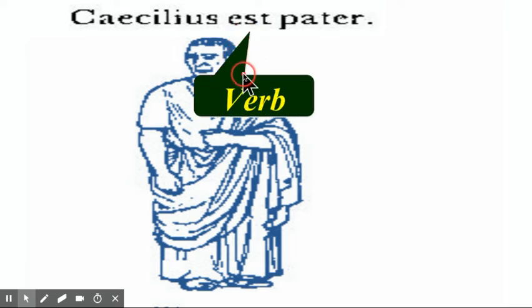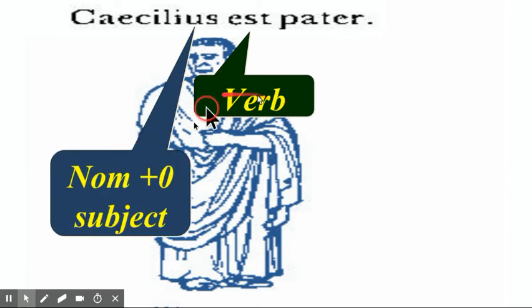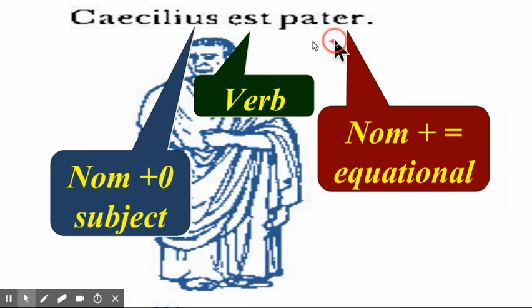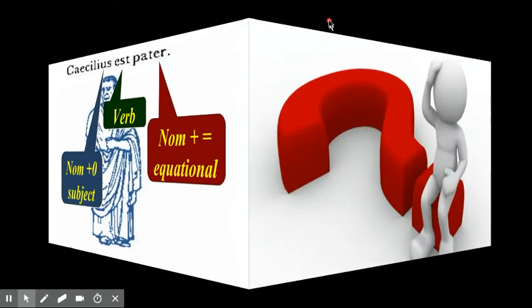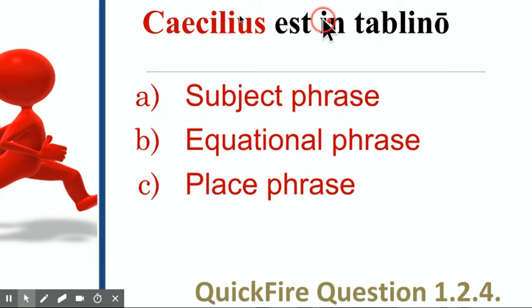At this stage, all verbs end in T. All verbs end in T. Est, is. Who is? Caecilius, nominative plus no other signals, that means just nominative by itself, subject phrase. Pater is also nominative, it's third declension, but it is an equational phrase because of that be verb, right? Caecilius is a father.